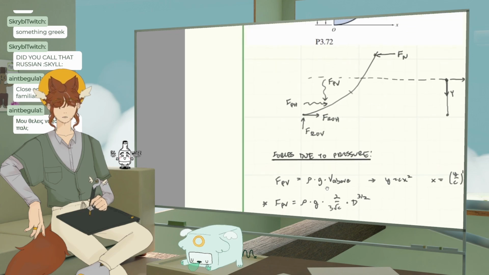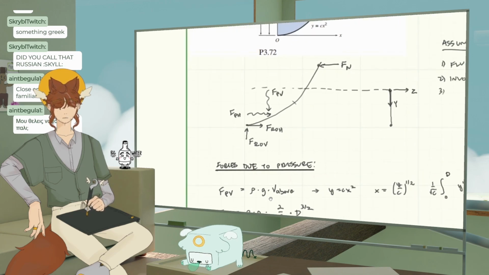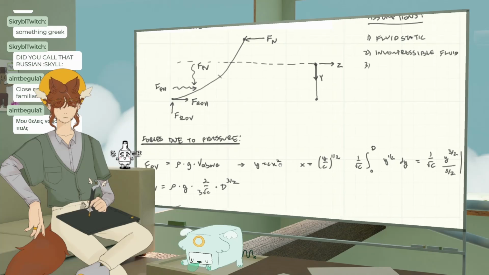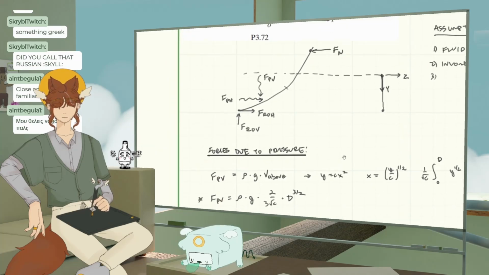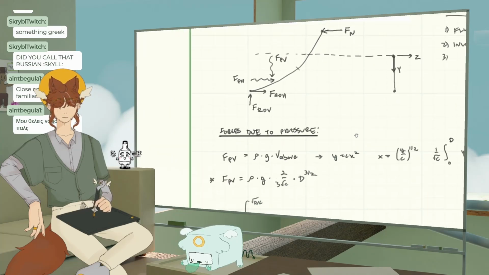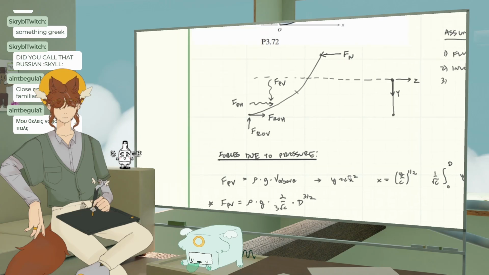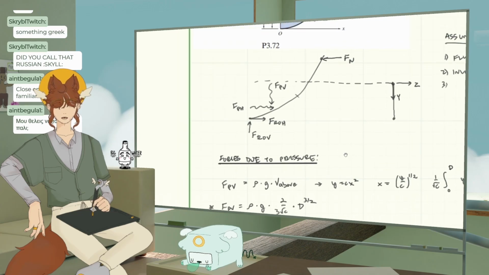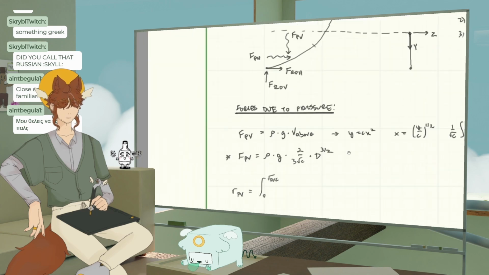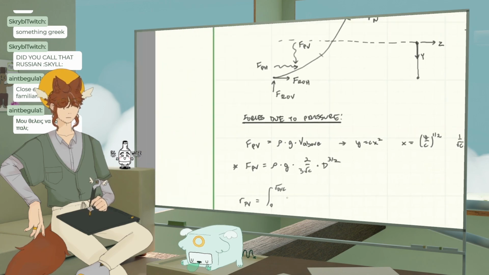So X is equal to that thing that we said, square root Y over C, this thing, dA. Wait, over the area.